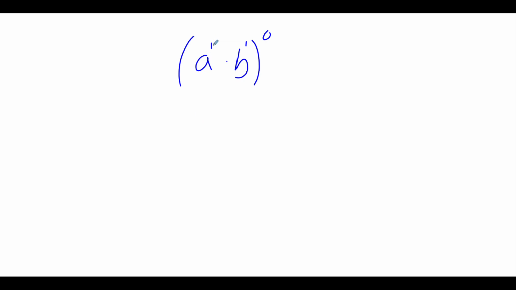So if I take that first power on the a and multiply it by the 0, I get a to the 0 power, times if I take that b and the 1 power times the 0 power is going to give me b to the 0. Well, a to the 0 is going to be 1 because if we raise anything to the 0 power, it's 1. And if I take b to the 0 power, that's also going to be 1. So then 1 times 1 is just 1. So this whole thing turns into 1.